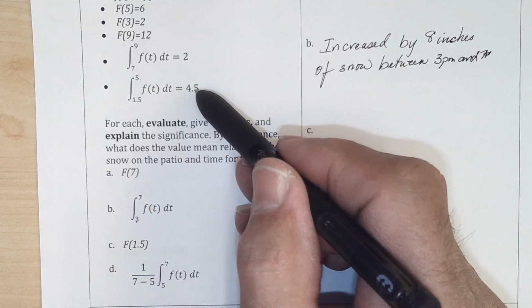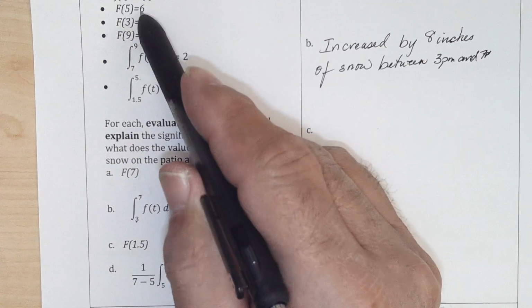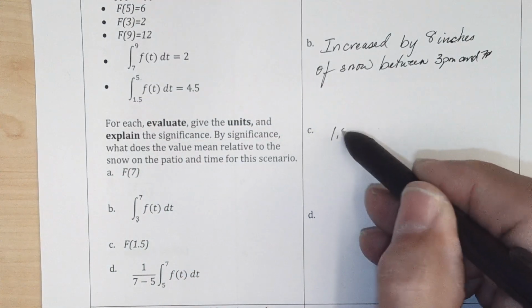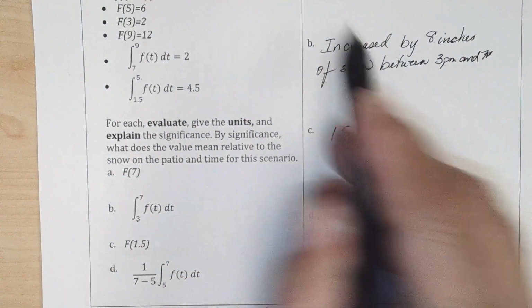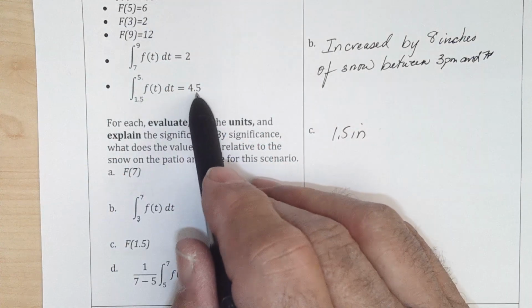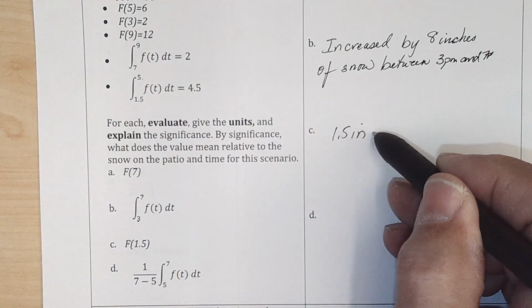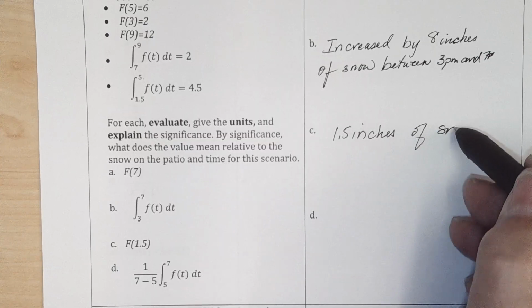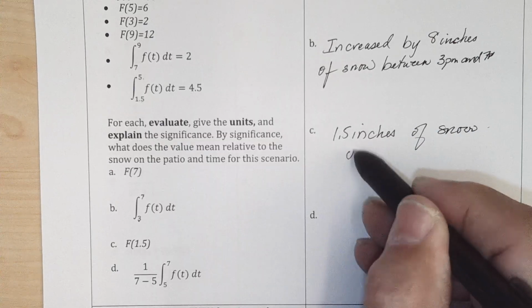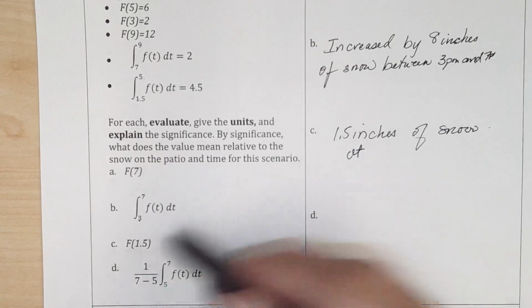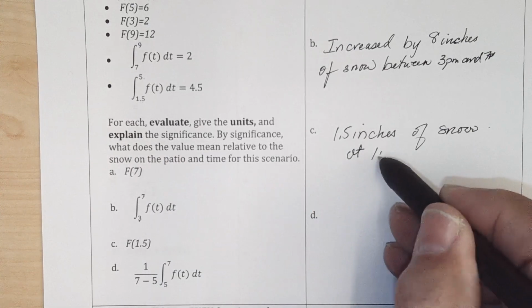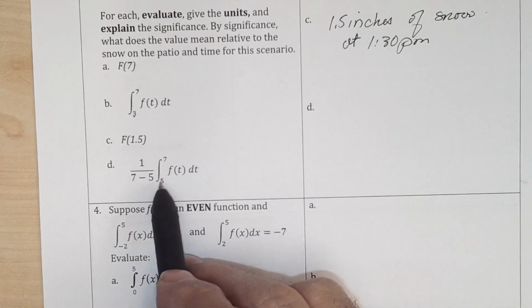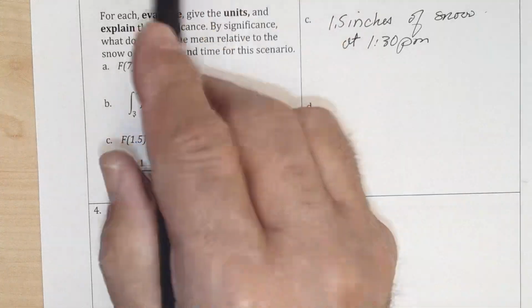So if we go backwards, remove the 4.5 to get what it was at 1:30, we'd have 1.5 inches. 6 minus 4.5 is 1.5 inches of snow at 1:30 p.m.